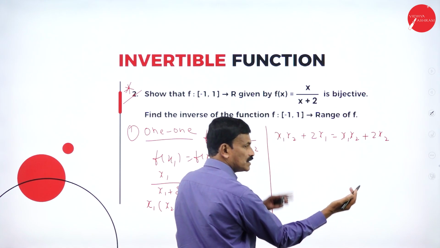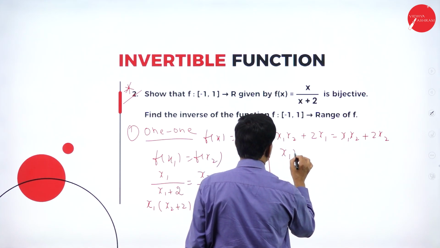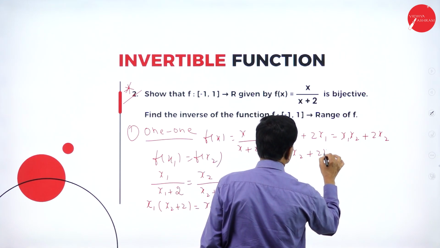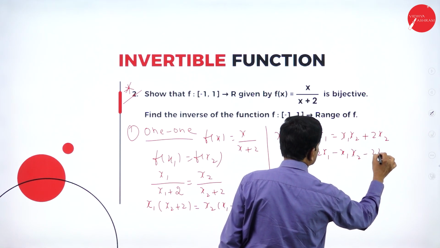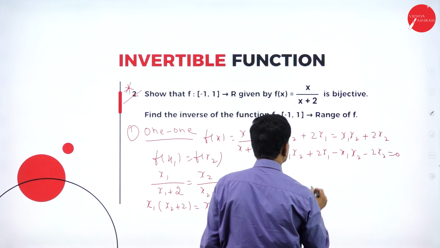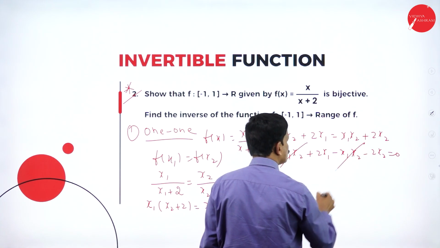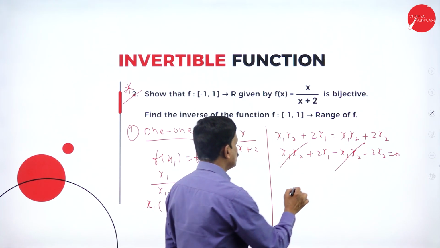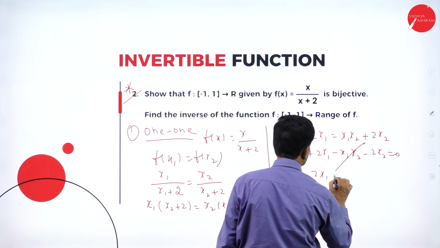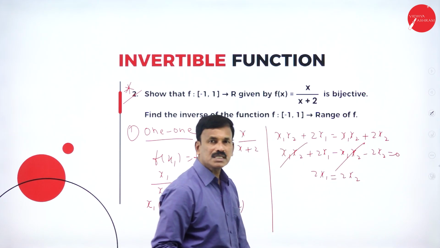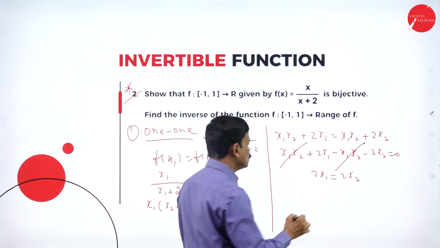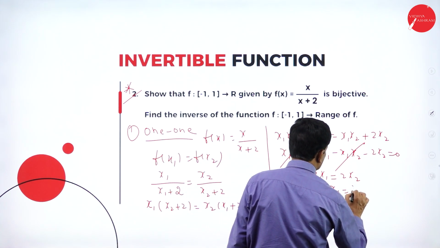Just bring this to the left hand side: x1x2 plus 2x1 minus x1x2 minus 2x2 is equal to 0. So x1x2 minus x1x2 gets cancelled. What is left over is 2x1 minus 2x2. Transfer to the right hand side. This becomes 2x1 is equal to 2x2. Divide by 2, which implies x1 is equal to x2.